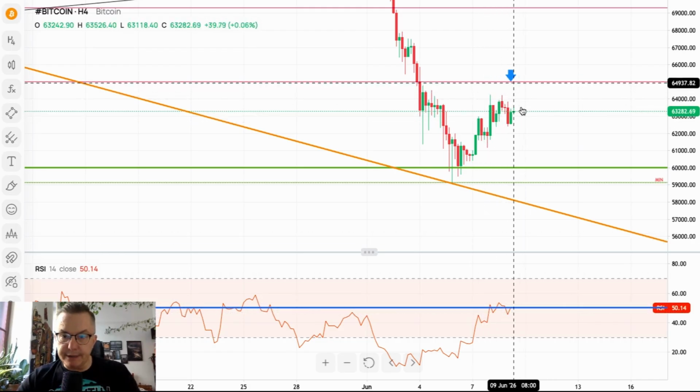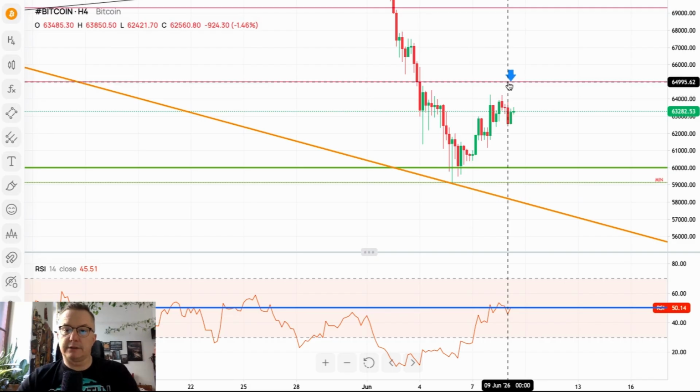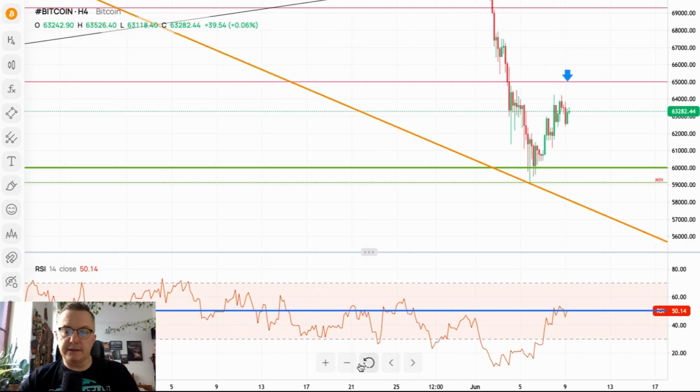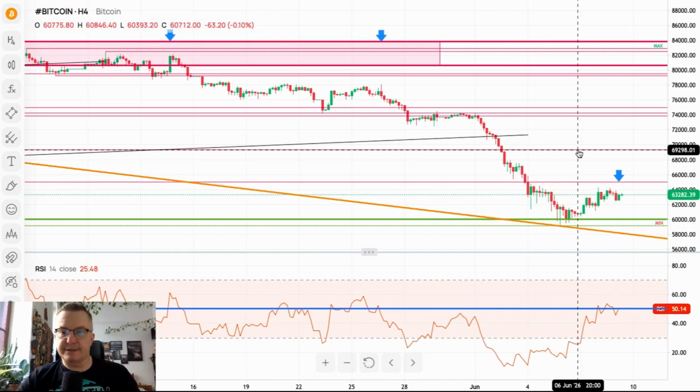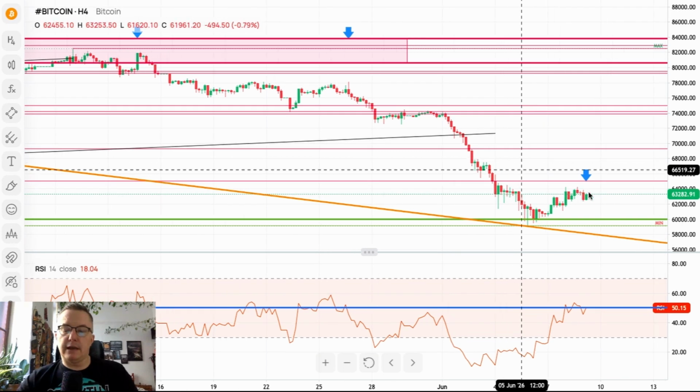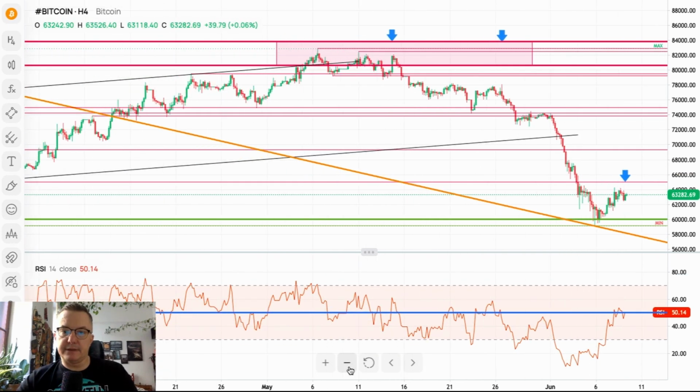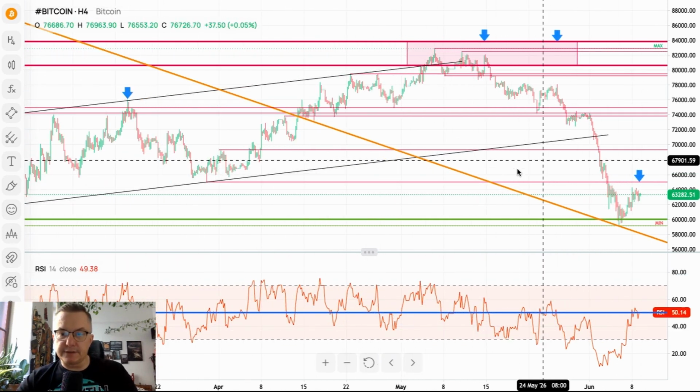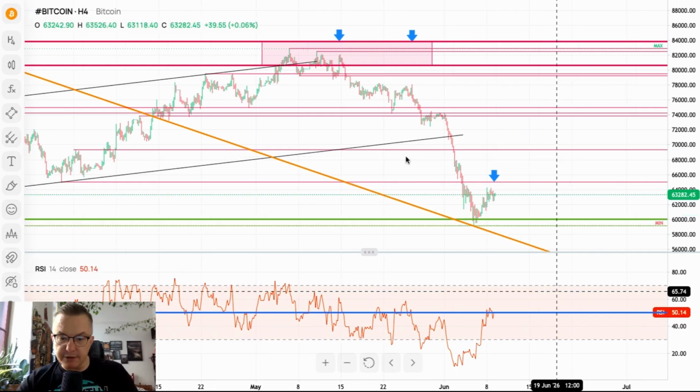So right now we will either break above local technical resistance, $65,000 basically, and then travel further towards 70,000, or there will be a failure and further movement to the downside is expected. So the current situation on Bitcoin is still quite bearish.